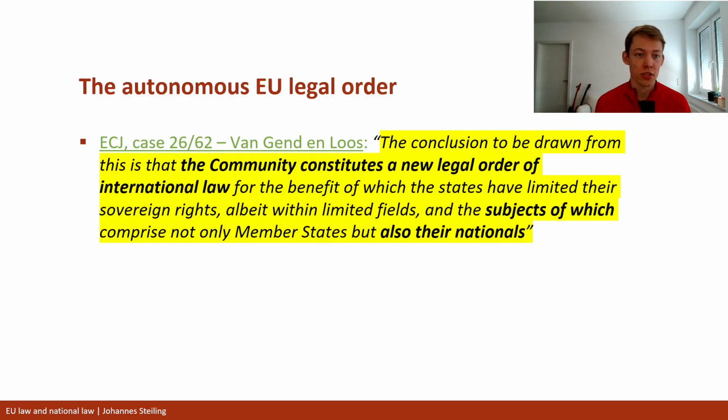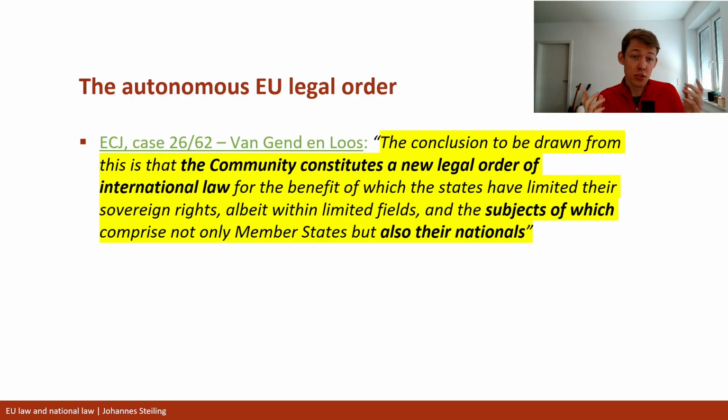So the ECJ says that the conclusion to be drawn from this is that the community constitutes a new legal order of international law. So the ECJ says the EU legal order is international law, but a new legal order with some specialities, which we'll talk about now, for the benefit of which the states have limited their sovereign rights, albeit within limited fields.